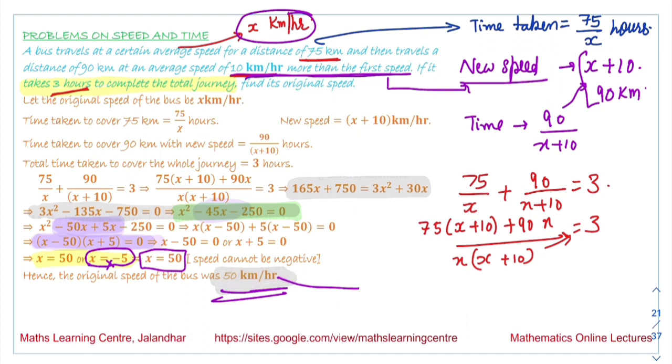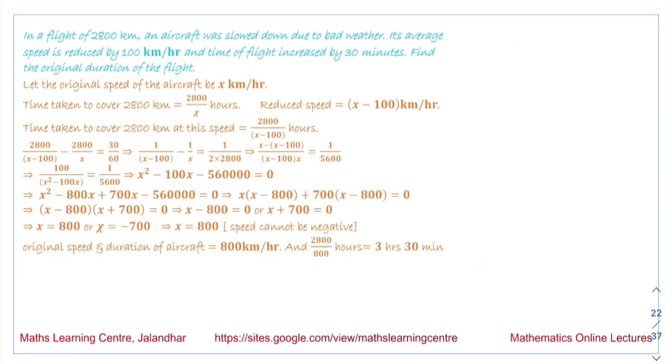Now next we have: in a flight of 2800 kilometers, an aircraft was slowed down due to bad weather. Its average speed is reduced by 100 kilometer per hour. So let the original average speed be x kilometer per hour.